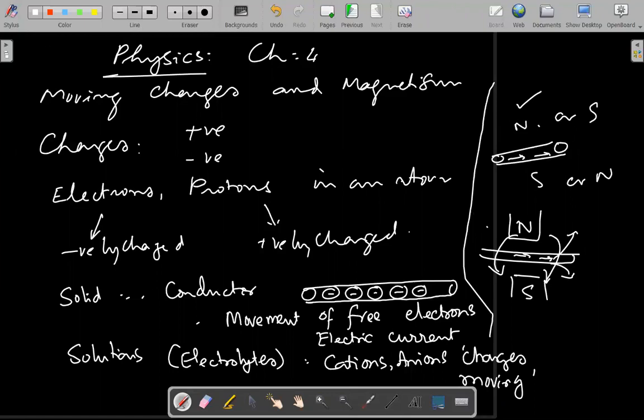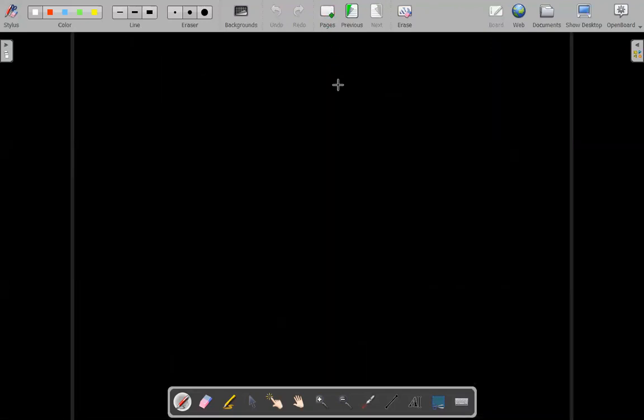Here, how the field affects the current carrying conductor. Both things we'll be talking about in the next few pages. So first, how do we get the magnetic field? What is the source of a magnetic force? So this is a non-contact force.